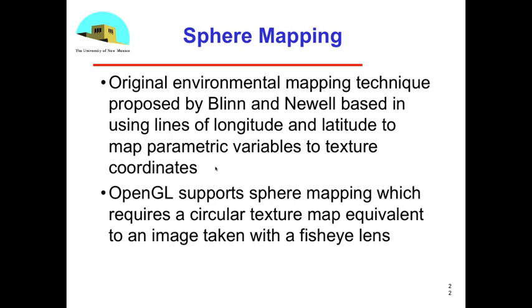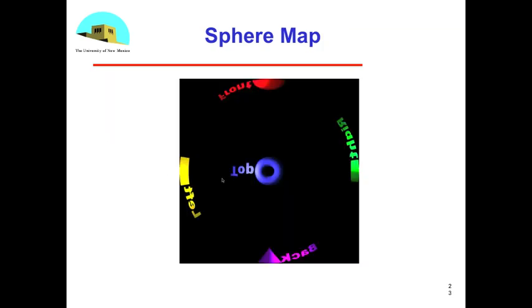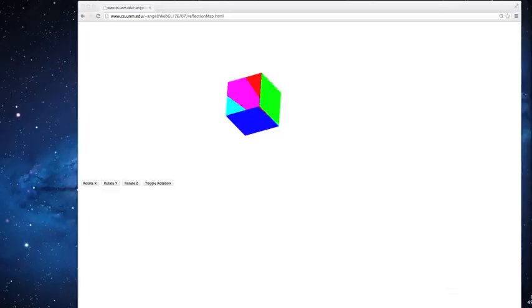Again, look at the book, where we have the equations. It's done automatically for you in desktop OpenGL, but if you wanted to implement it yourself in vertex and fragment shaders, you certainly could. Here's a little picture of a sphere map of the same thing. This is something we do inside planetariums.